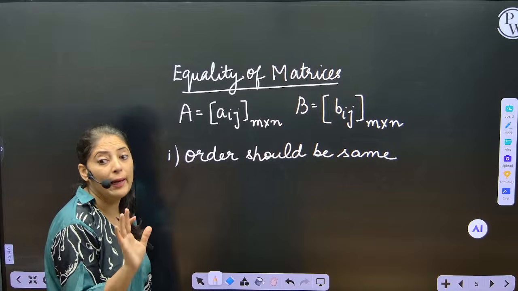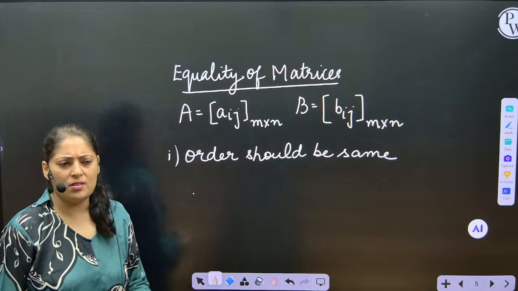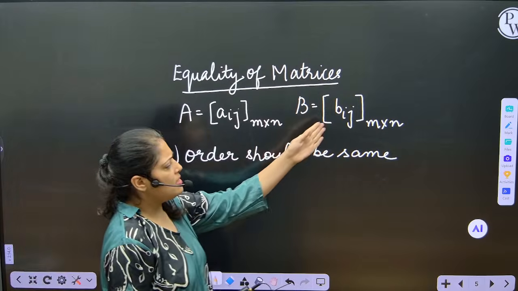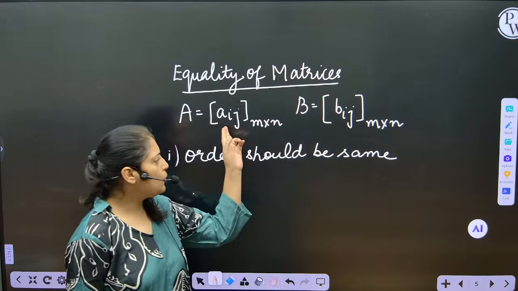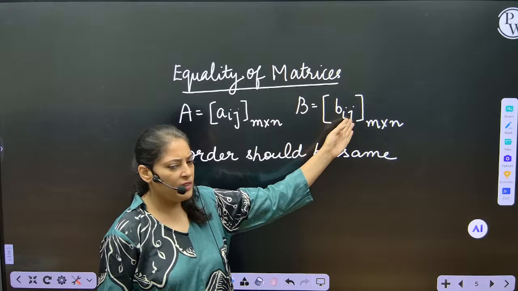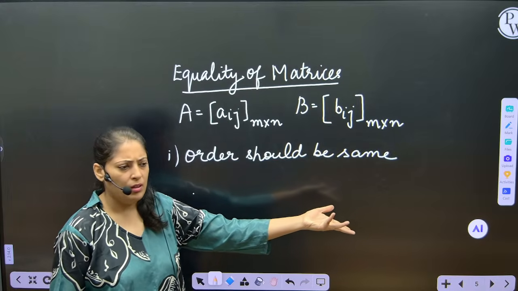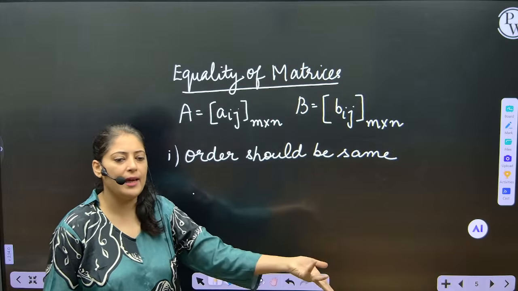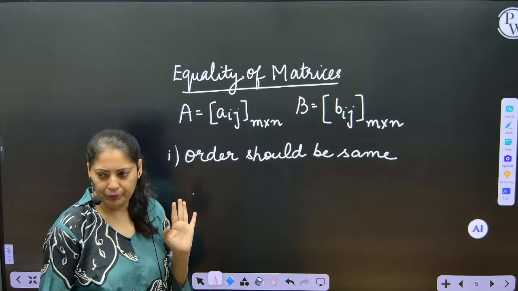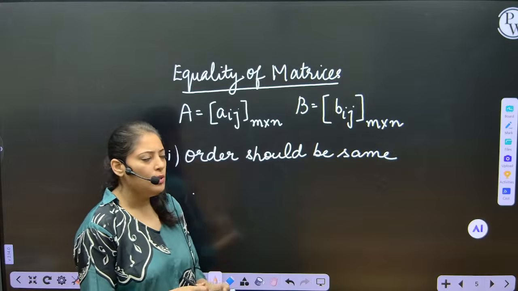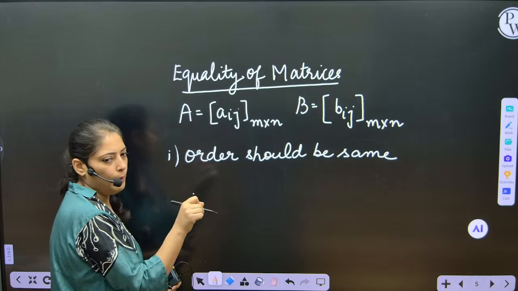We can compare the matrices. If suppose this is 2 cross 3 and this is 3 cross 2, only 2 rows are there in one and 3 rows in the other. You can't compare, so we can't say they are equal. Of course, we will say they are not equal. So the first condition is the order should be the same.